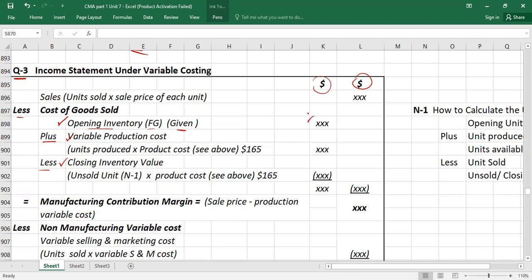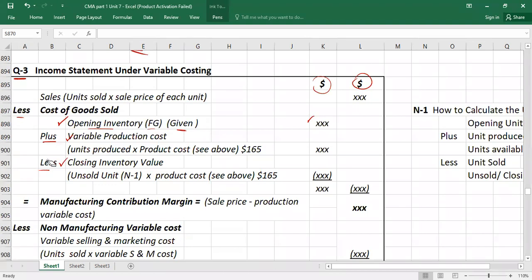Otherwise, if it is not given, the closing inventory of the last period will be the opening inventory of this period. Understood? The way we use to calculate the value of closing inventory in this period, obviously the same way should have been used in the last period. Right or wrong? Understood? So the opening inventory is given.